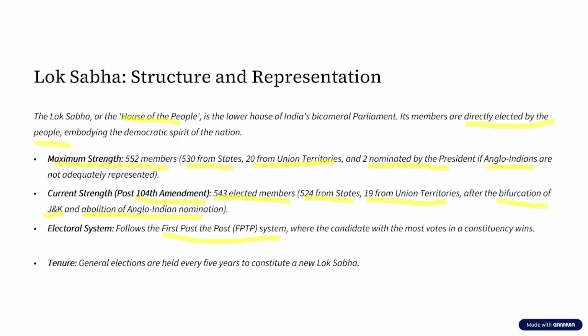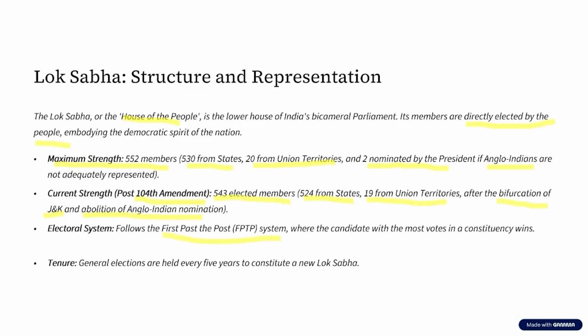Even in that case, the person who has the most votes, that is person A who got 20,000, even though NOTA got more than him, or even though he did not get more than 50% of the total votes polled, still he got the highest among the people who contested. In that case, what is going to happen? The person who got the highest number of votes will be declared the winner. I hope this is clear.